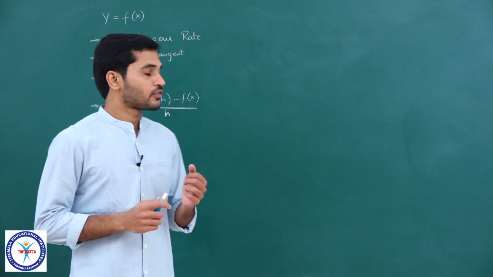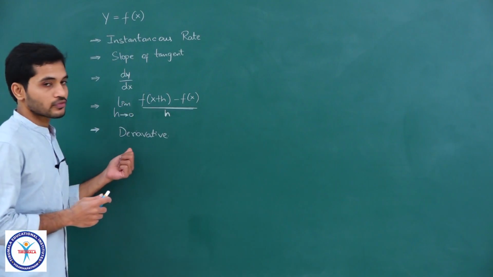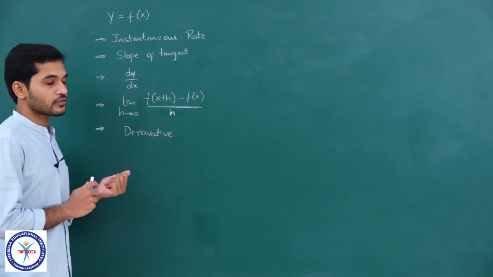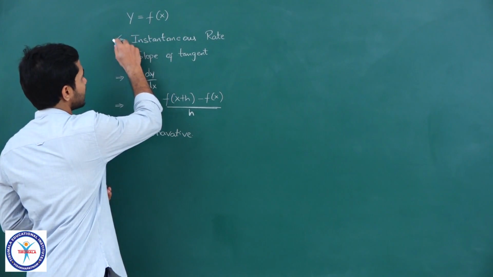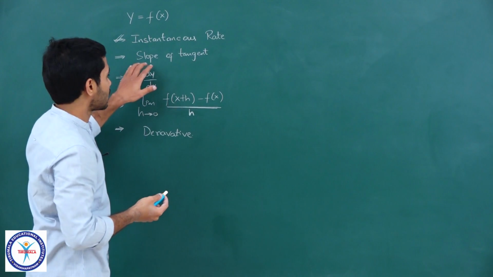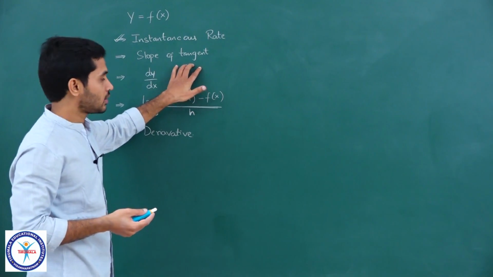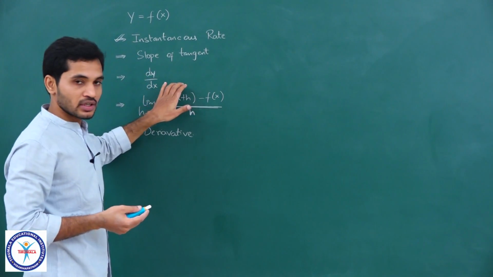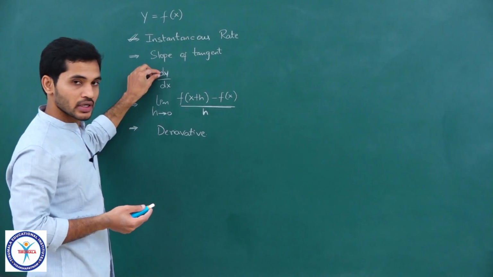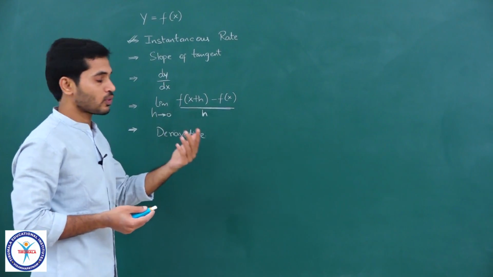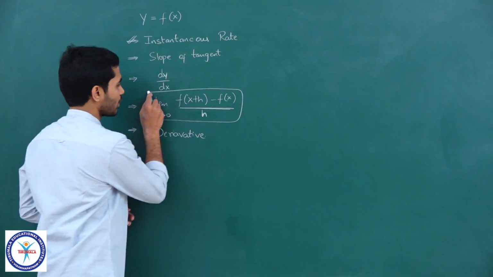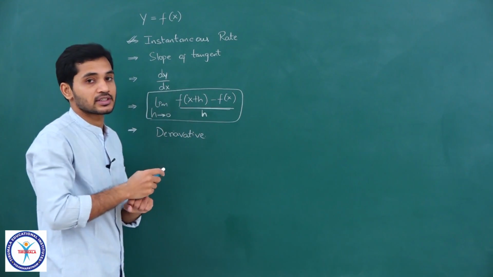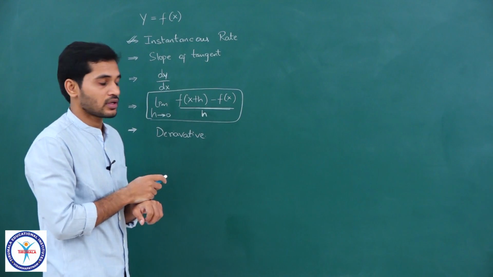So, students, if you see here, I have made a list of the different names which we give for the instantaneous rate of change. The instantaneous rate can also be understood as the slope of the tangent. It is also represented as dy by dx, the small change in y divided by the small change in x, and that can also be represented by this expression which we understood as the first principle of calculus.